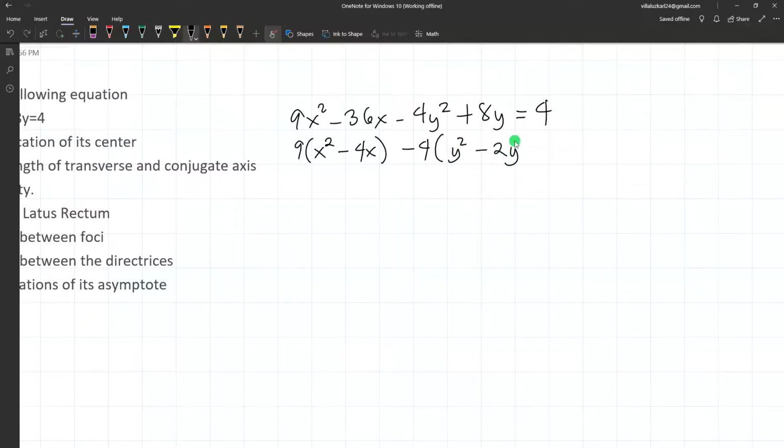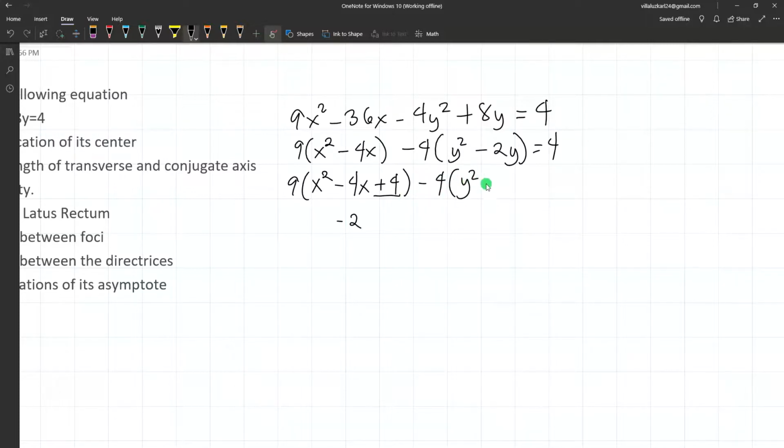Then, by completing the square, we have 9 times the quantity x squared minus 4x. We add a number: negative 4 divided by 2 is negative 2, and negative 2 raised to 2 is positive 4. Minus 4 times y squared minus 2y.